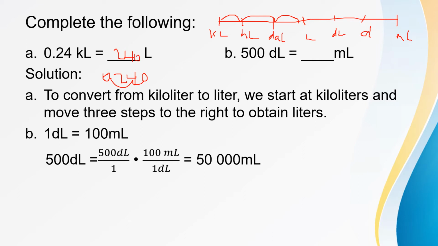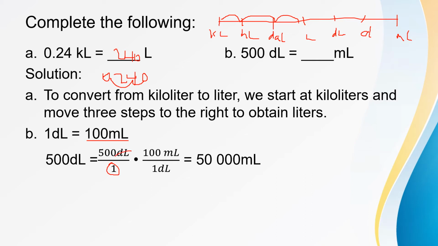Next, for letter B, 500 deciliters equals how many ml? We know that 1 deciliter is equal to 100 ml, because 10 times 10 is 100. So 500 over 1, since any whole number has a denominator of 1, multiplied by the unit fraction 100 ml over 1 deciliter.